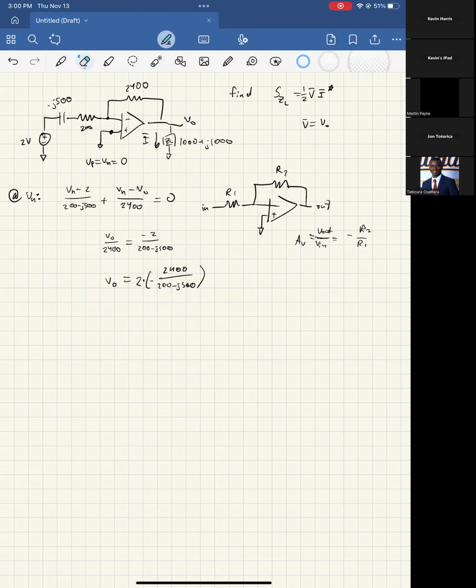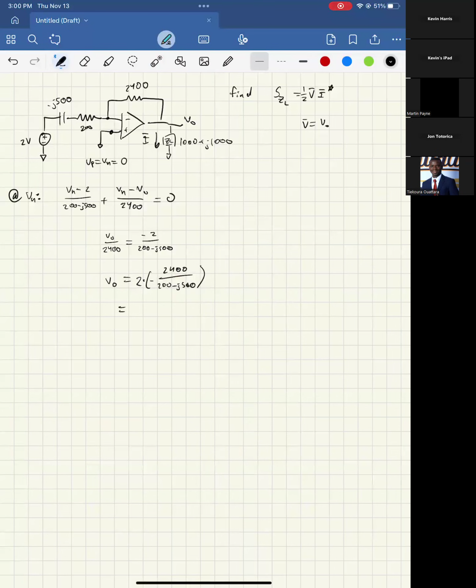Anyway. However, since it is actually asking us to do math on this V out, we should simplify it a bit. I'm just going to put it in my calculator and let it do it for me. I'm also going to have it put it into phasor form because it's so kind. Actually, I'll have it in both just because I can.